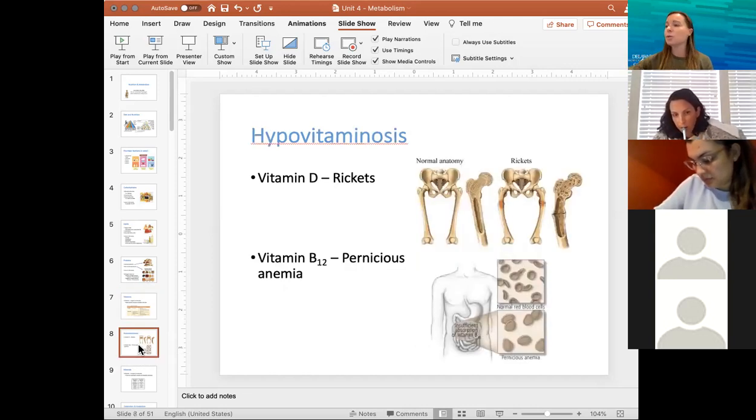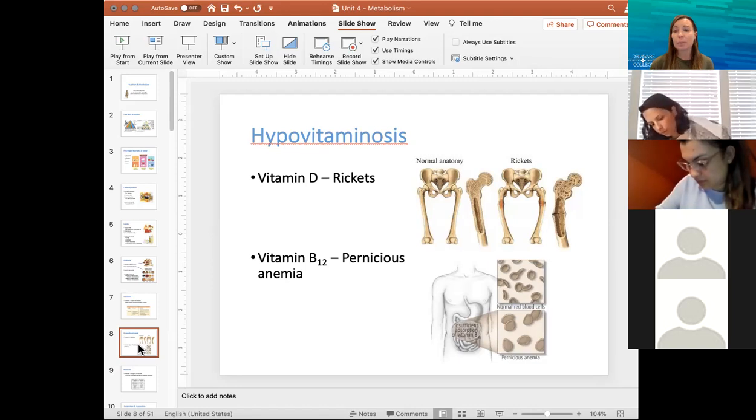I've given you two examples of a hypovitaminosis disease. So the first one is called rickets, and this results from a deficiency of vitamin D. So what happens with rickets is if you're lacking vitamin D, then your body is not able to absorb calcium well. Vitamin D actually helps with calcium absorption.